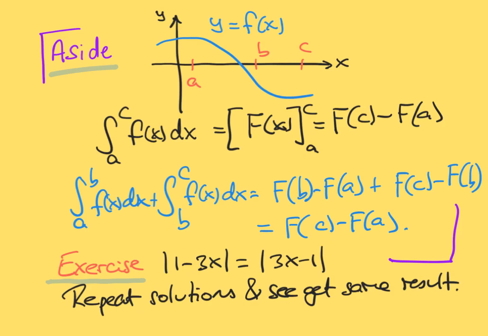And if we look now, we see that we have F of b minus F of b, and we see therefore that they cancel. And we are left with F of c minus F of a, and that is exactly what we had there, and therefore we think that this is something that makes us happy.